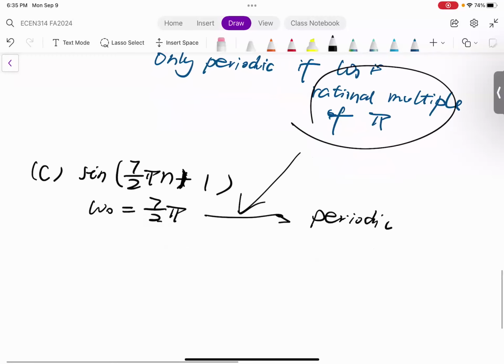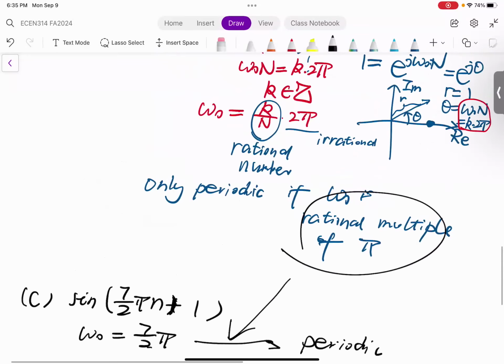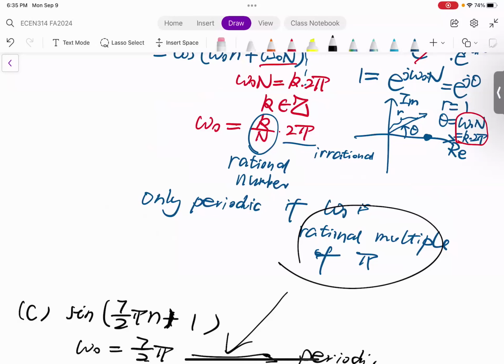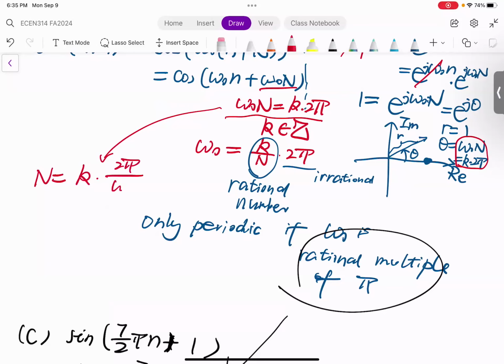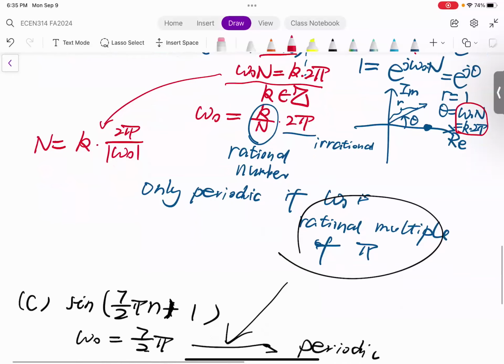Okay, then what is the fundamental period? Well, still from this equality right here, if you assume that omega naught is known, then N is equal to k times 2 pi divided by omega naught, but we add absolute value to make it positive.